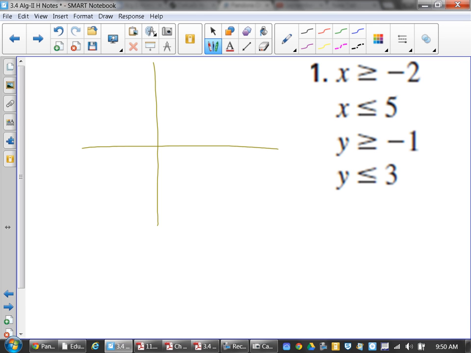Thank God basketball's over. You guys can pay attention. X is greater than or equal to -2. Where do I apply it? X equals -2. Is it horizontal or vertical? Vertical line. Which way is it pointing? Right.